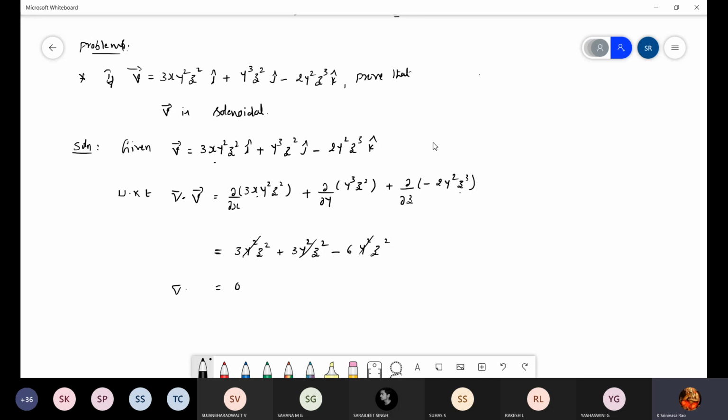Okay, so del dot V equals 0. Since del dot V equals 0, therefore the given vector V is solenoidal. Yes, got it?